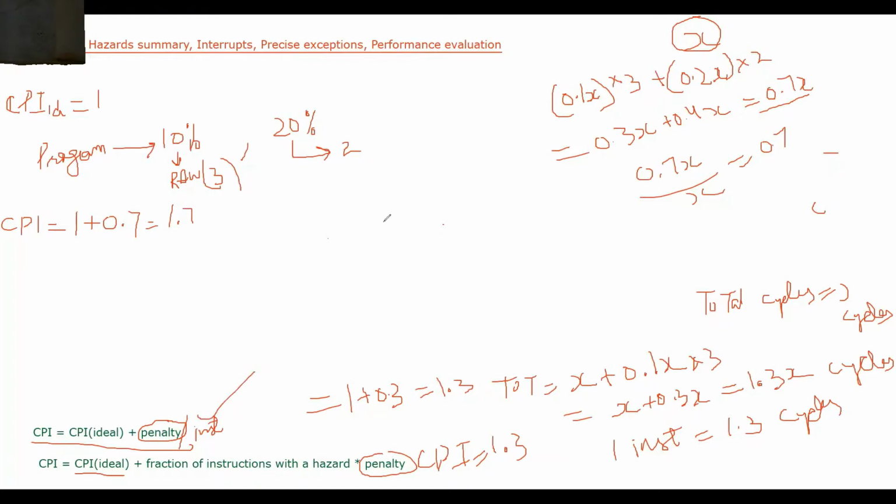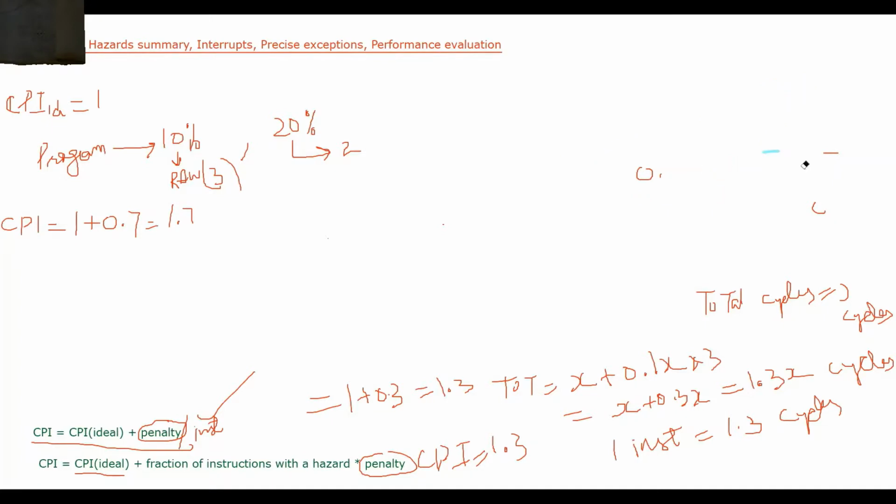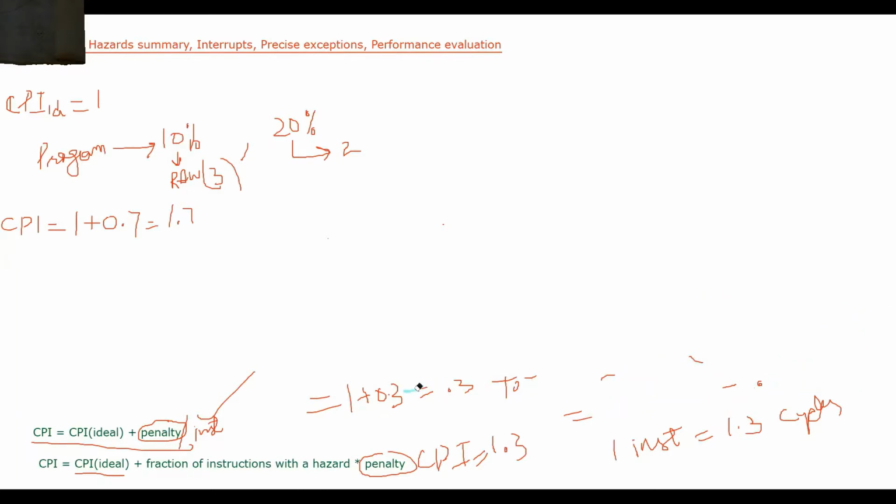Now let's use the second equation. So let me rub these things here. Okay. So what does the second equation say? CPI will be equal to CPI ideal.